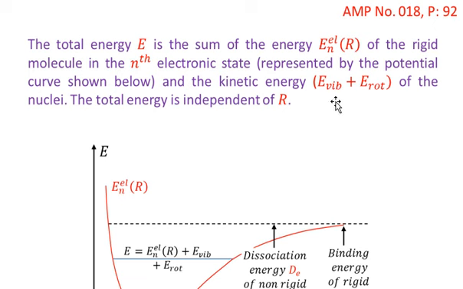The kinetic energy term consists of two parts, the vibrational energy plus the rotational energy of the molecule. These two together are combined into the kinetic energy of the nuclei. The total energy is independent of capital R, so the total energy of the system will not depend upon the value of R between the two nuclei.